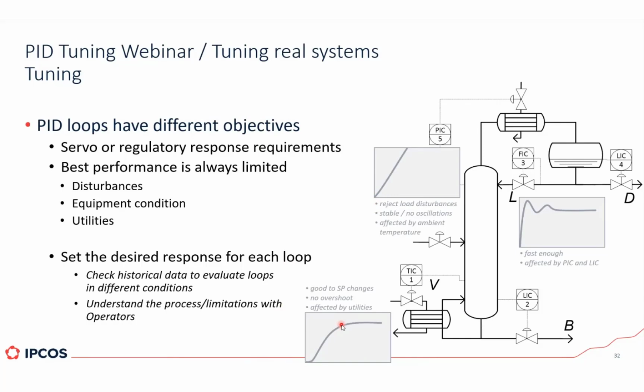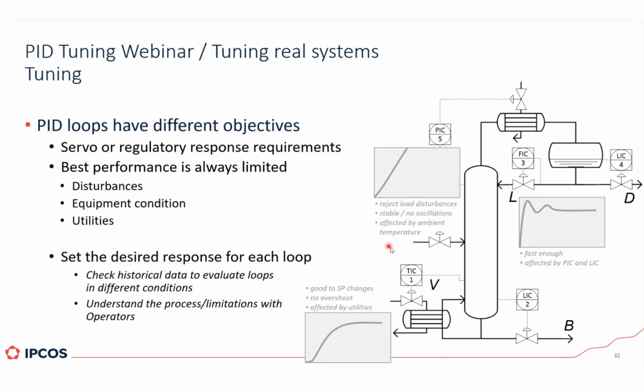For example, for the temperature, here we want this to be good for set point changes. We don't want to see overshoot. And we know that this temperature controller will be affected by, let's say, this steam pressure here. For the pressure, we want good rejection of disturbances. We want this to be stable, and we don't want to see oscillations.